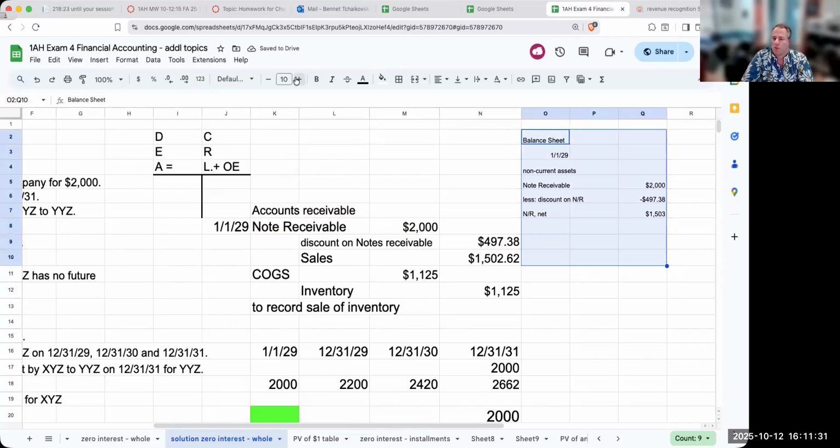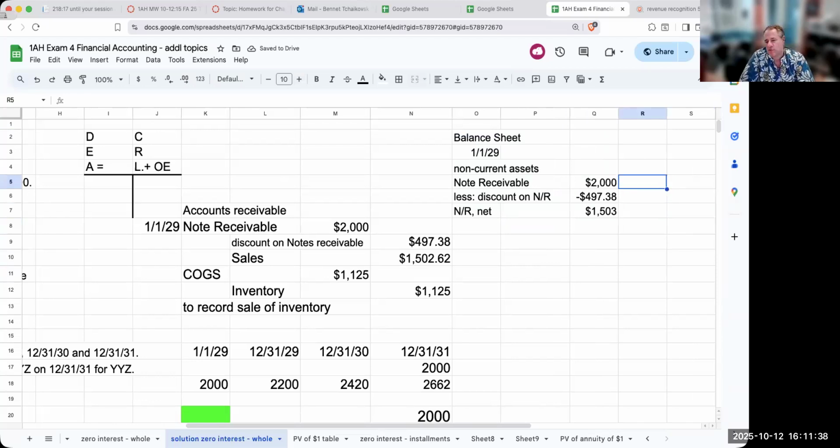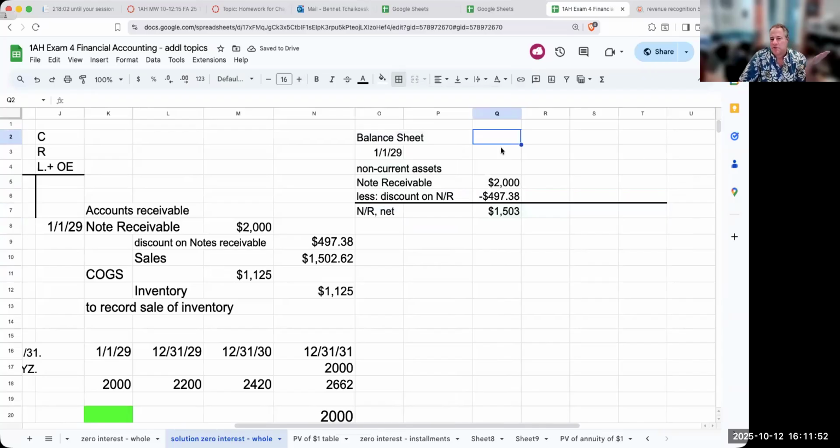So you see how that works. On our balance sheet, they owe us $2,000, but not until 3 years from now. What we need to show to our investors is that we have that amount, but we're not going to get it for a period of time, so we disclose it this way.